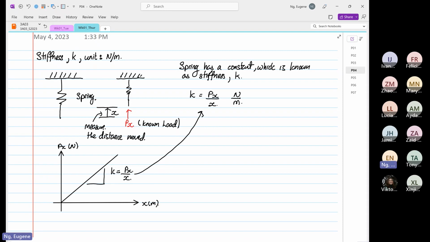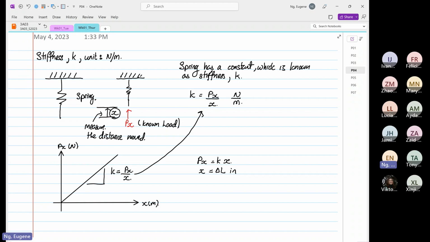Okay. So from here, we know that Px is equal to K stiffness multiplied by what? X. So this is the X value we're talking about. We realize that X is also equal to our change in length.